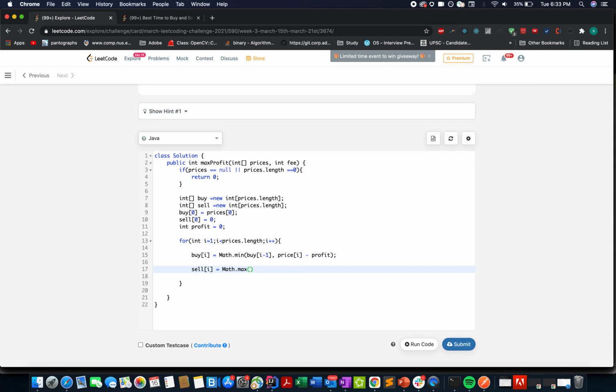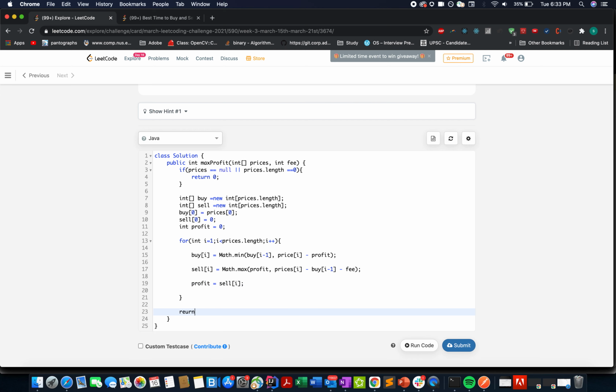Math.max, sell of i minus 1, or profit, and you are selling today, that means prices on the current day minus buy of i minus 1, whatever the previous day buying factor is, minus the fee. Pretty simple. And let's update the profit that we have made so far equal to sell of i.